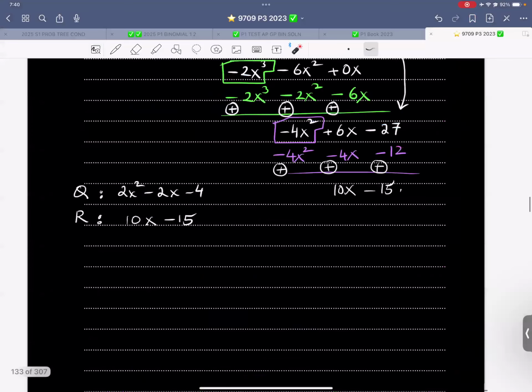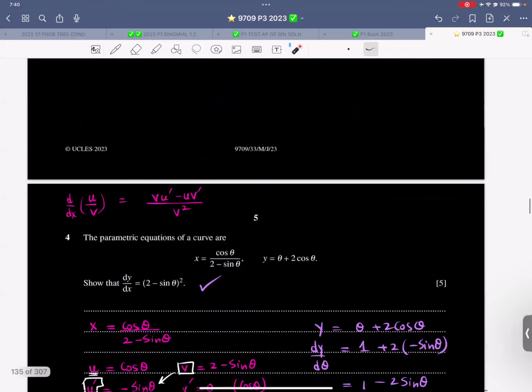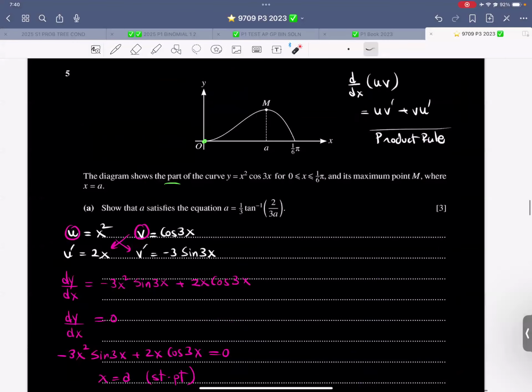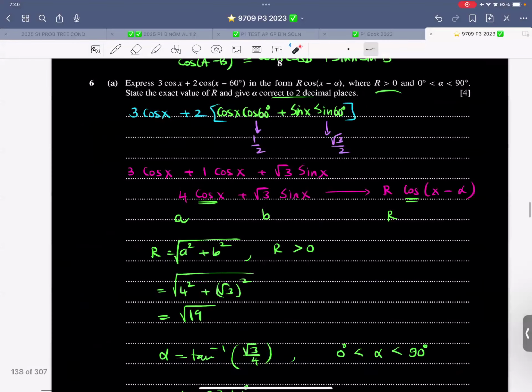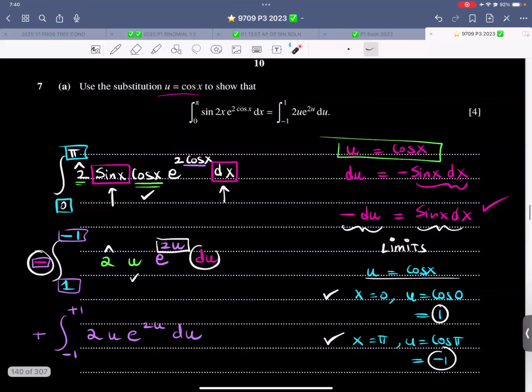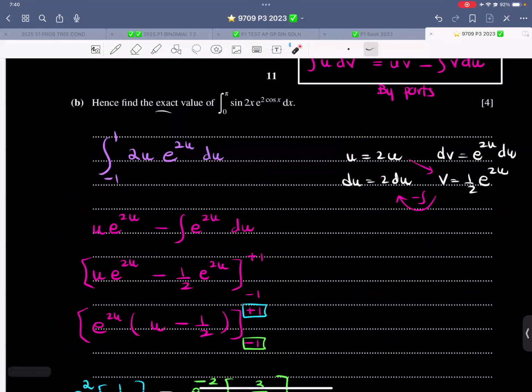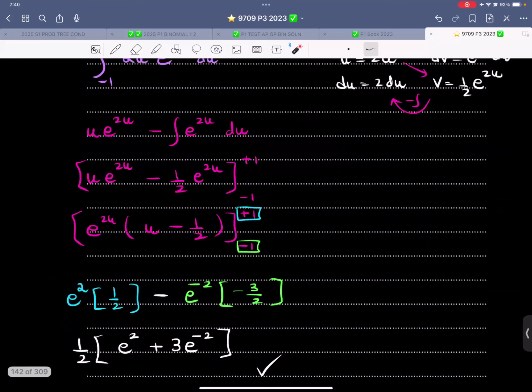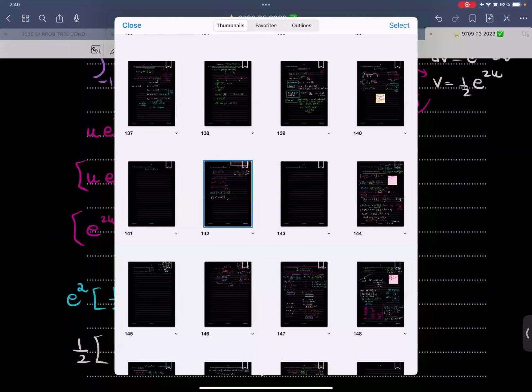Okay, let me add a page first. This is the first part. And then the second part, this is integration by parts. So I think this is, hold for a second. There is this thing.